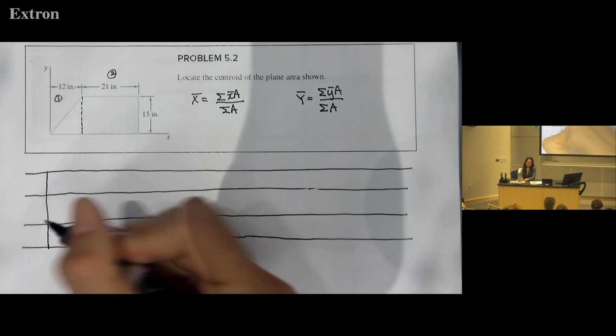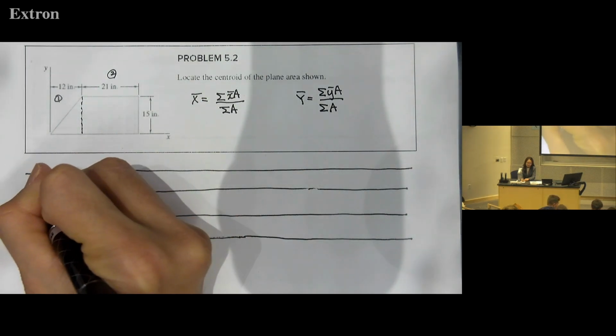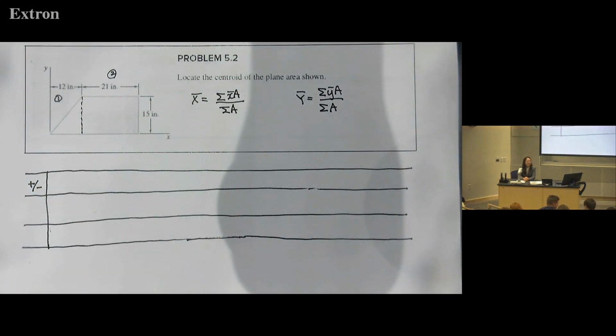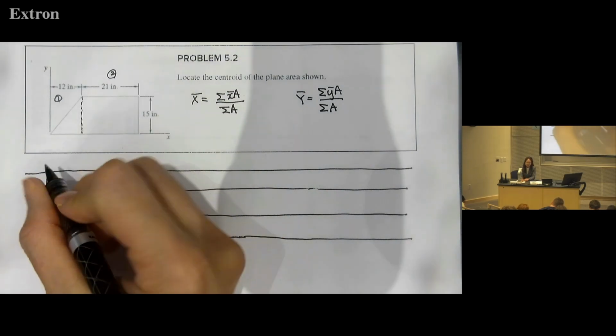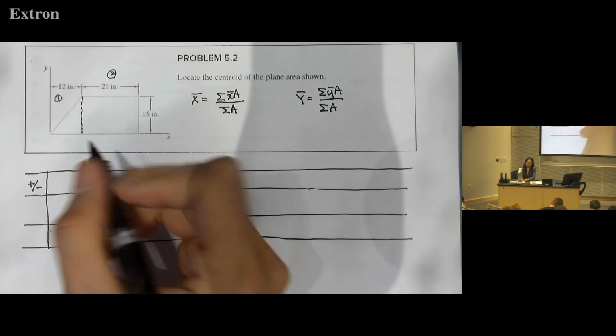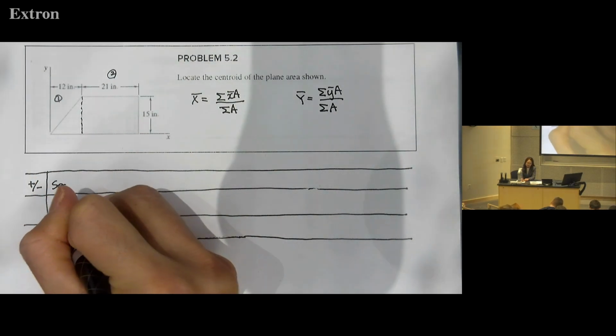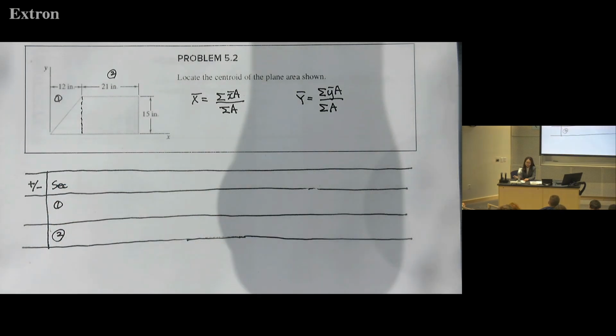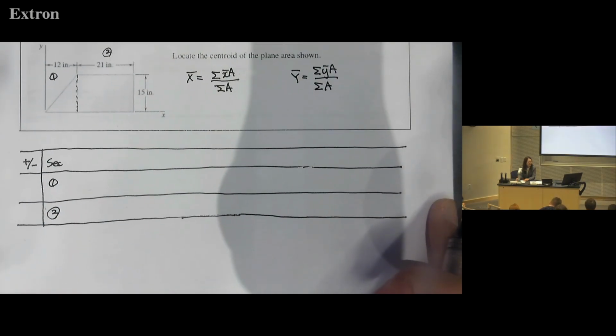So let's have the first column as plus and minus. The textbook doesn't use this one, but I recommend using this one. Textbook sometimes uses minus area, but I don't think that makes sense. And then the second column as section, and then we have two sections like this.